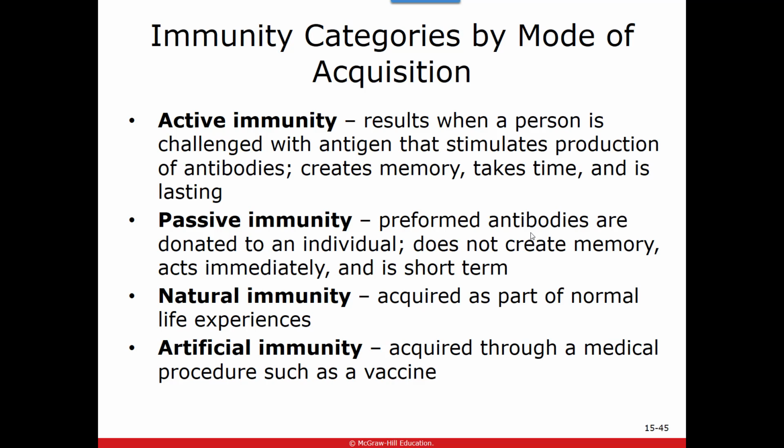So the question is, what kind of immunity do you have, natural or artificial, to chickenpox? Well, it depends. If you have a natural immunity to chickenpox, it's because you had chickenpox. If you have an artificial immunity to chickenpox, it's because you got the chickenpox vaccine. So it depends.